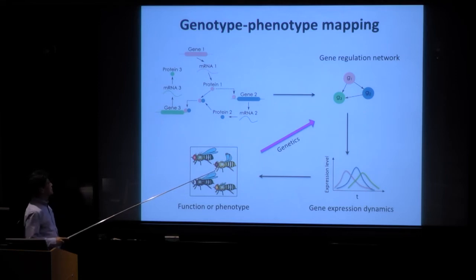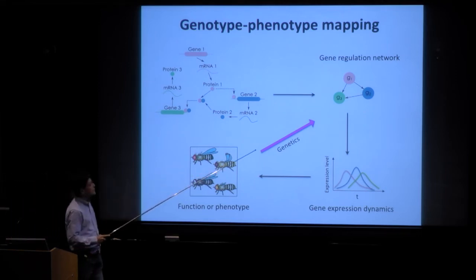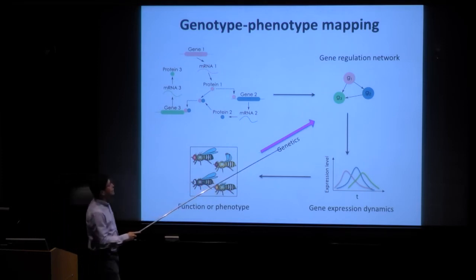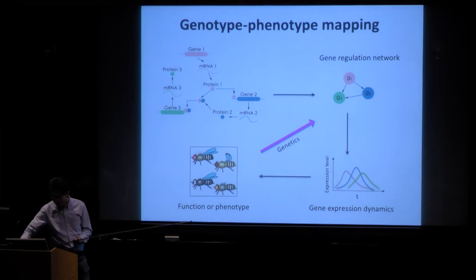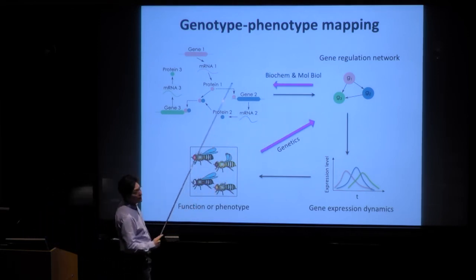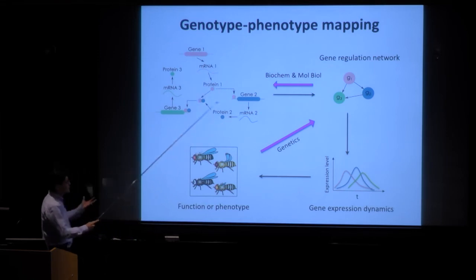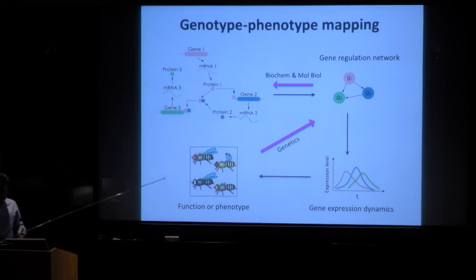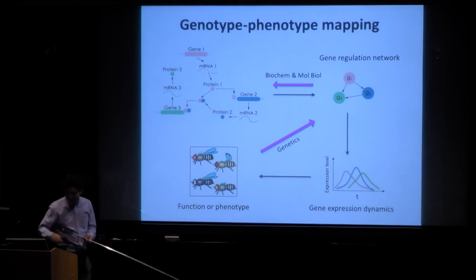So biologists are making mutants, genetics, knockouts, and then to figure out what genes are interacting with other genes. And then by biochemistry and molecular biology to see the mechanism. For example, like operon, is this transcription regulation, or is this enzymatic regulation, or is this kinase? So the flow goes that way.